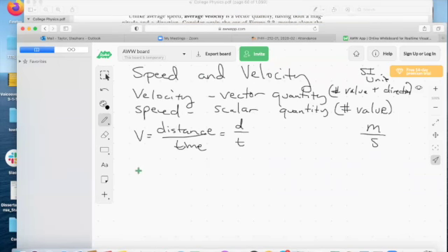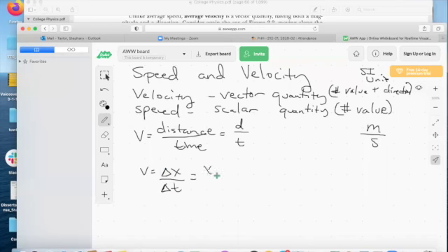If we write this out a slightly different way, that'll be your delta x, your change in x, which is your displacement, over the change in time. Delta just means final minus initial.